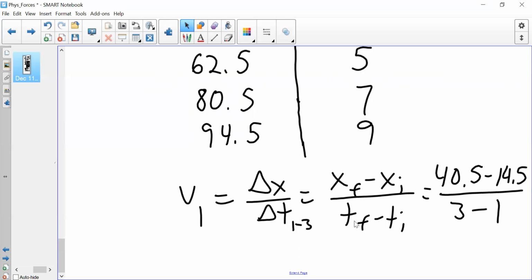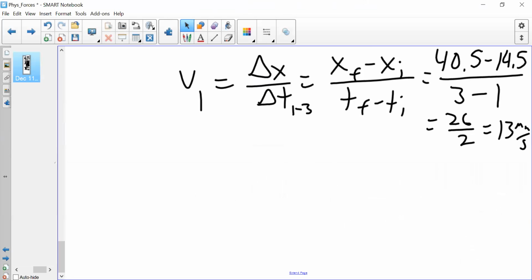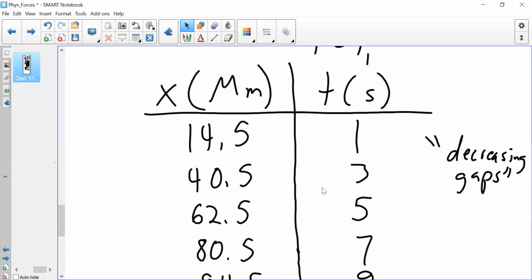That comes out to be 26 over 2, which is 13. Well, I'll put the units for right now: megameters per second. Later I won't put the units, but we know what they are, based on the data table here, megameters and seconds.